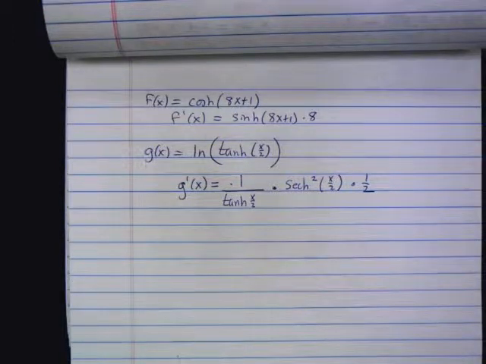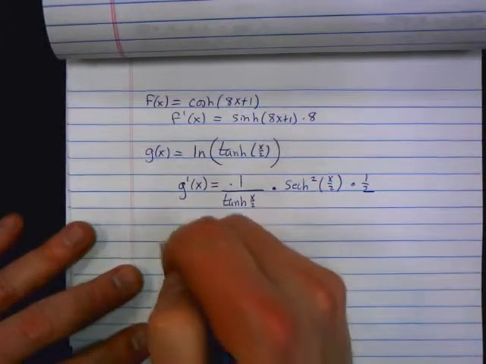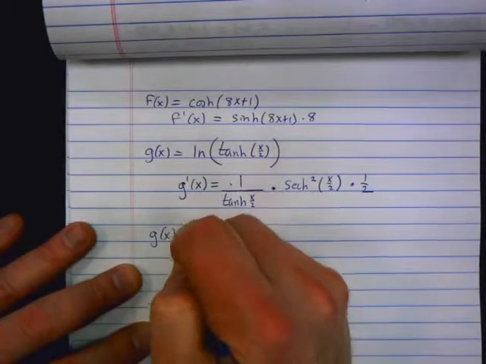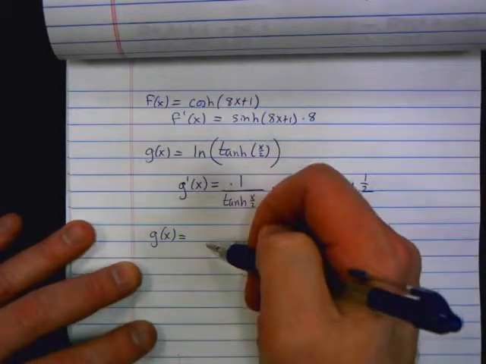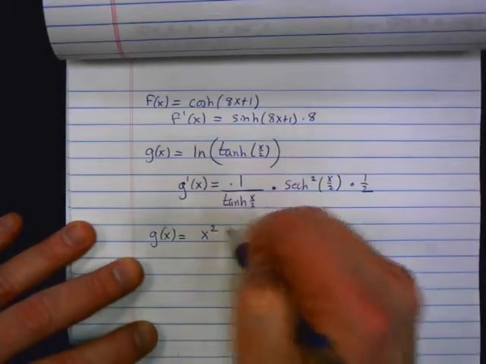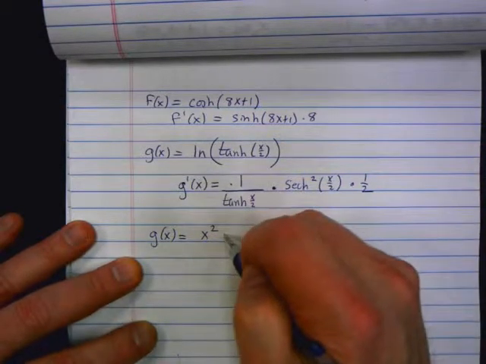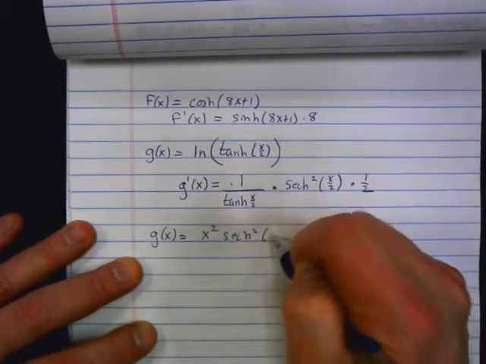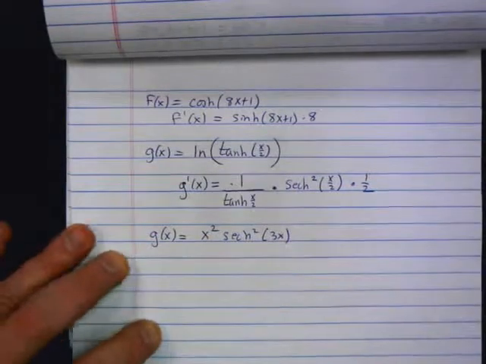Questions on that one? You got me there. Forgot your chain rule that time, didn't you? Yes, you did. All right, how about another derivative problem here? There's got to be a good one. G of x, using g again, g of x is x squared hyperbolic secant squared of 3x.